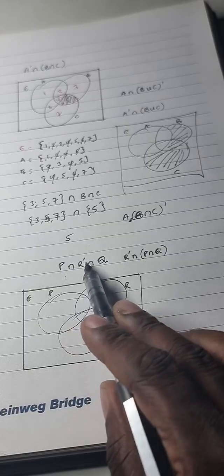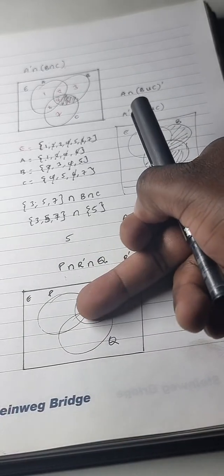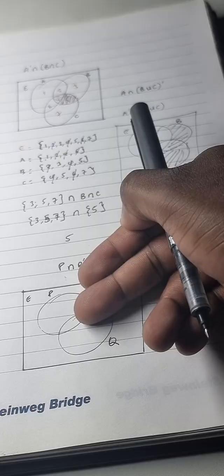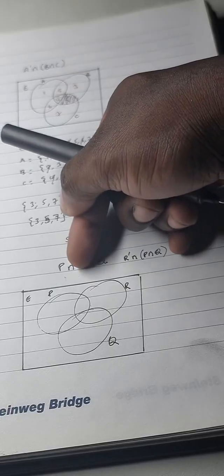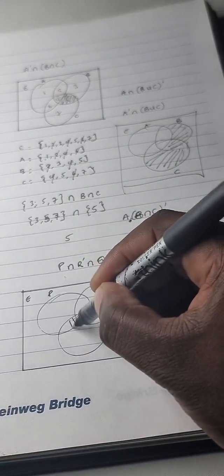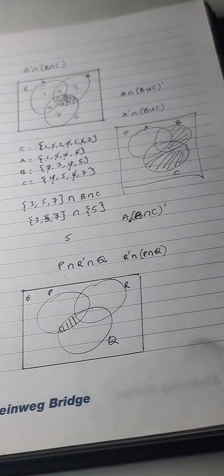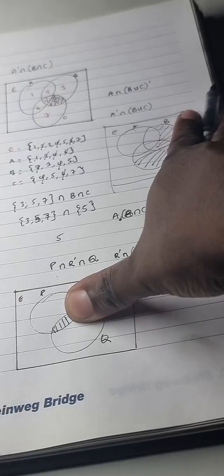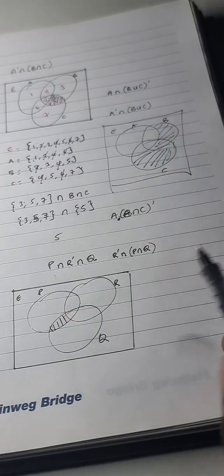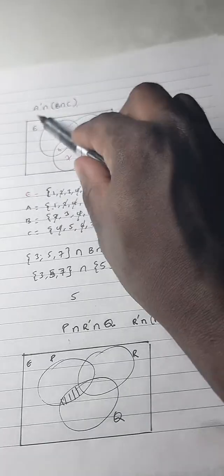Because P intersect what is not in R should intersect Q. They're telling us to remove R, and what remains should intersect with P and intersect with Q. So it's only here, which is similar to that. We take away R, meaning what remains should intersect, so it would be P intersect Q. This is why I've said it's the same thing as this. So we exclude that one, intersect P intersect Q, just like the way we wrote this one.